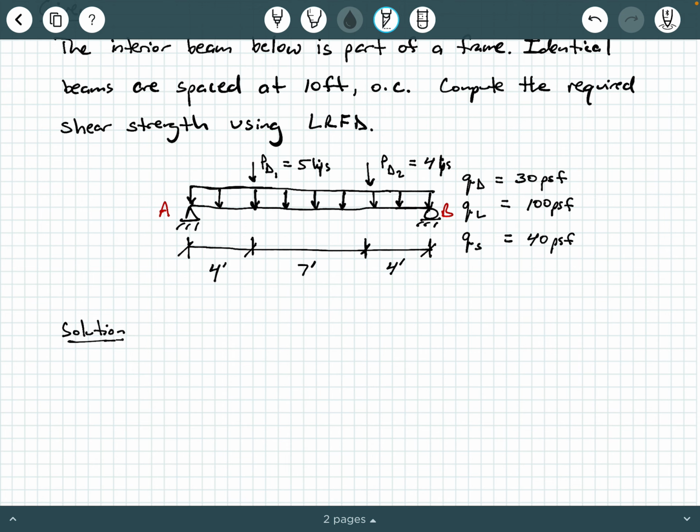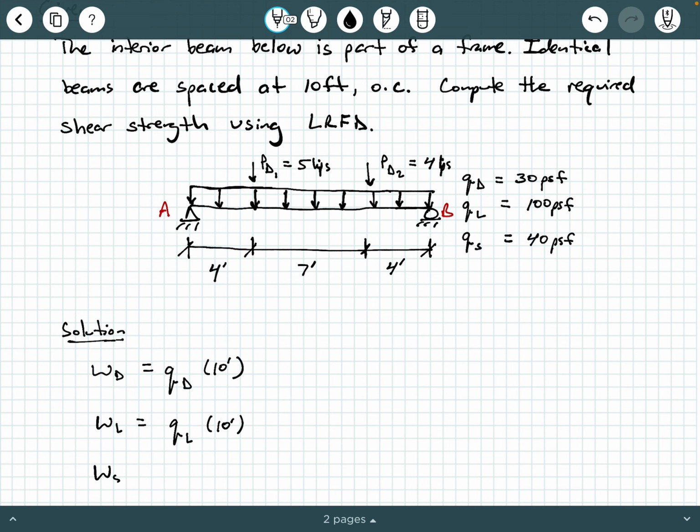Now, the tributary width is going to come from this 10-foot spacing because we know we have identical beams spaced at 10 feet. So let's go ahead and say W dead is Q dead times 10 feet. And then similarly, W live is Q live times 10 feet.